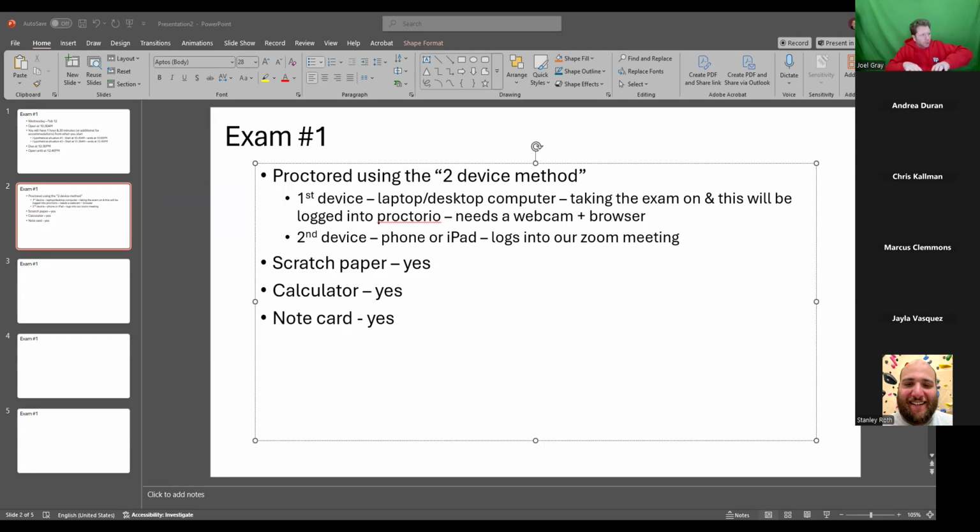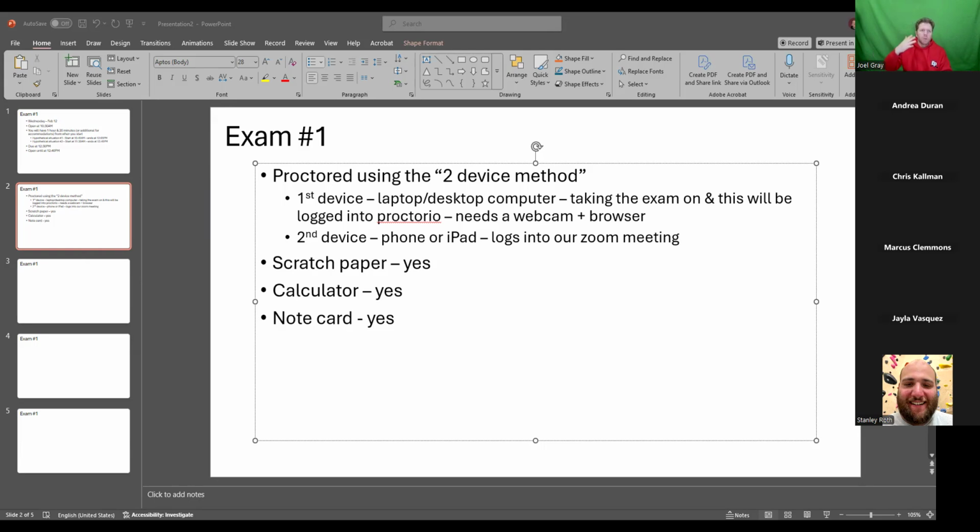I'll log into Canvas and then into Proctorio, and it will give me a report. It will say Joel had a suspicion score of 0. What that means is there was no activity during that exam time that could be flagged as suspicious.